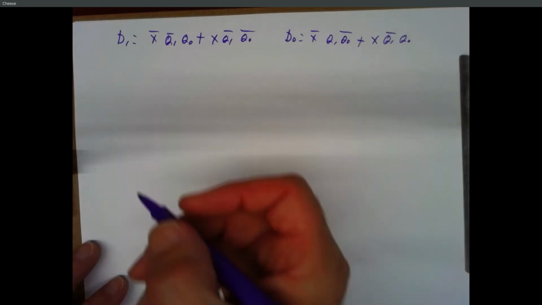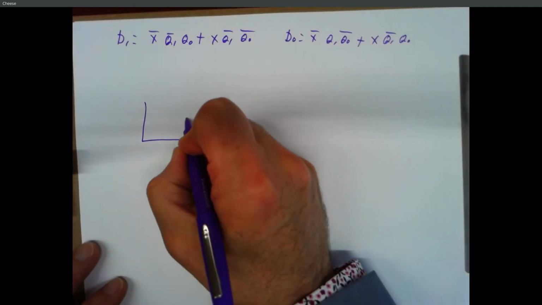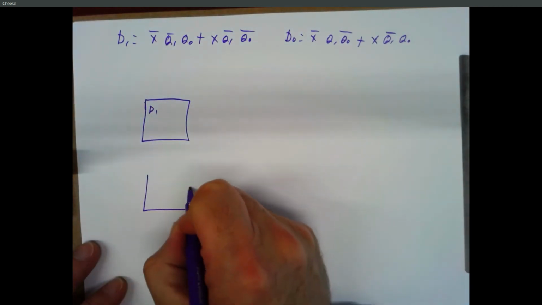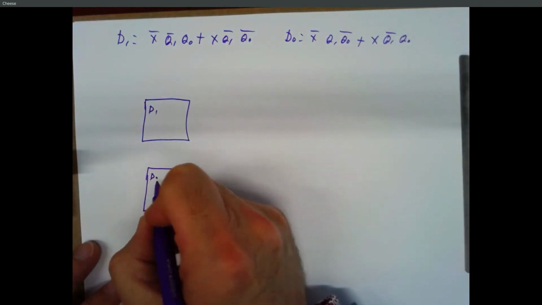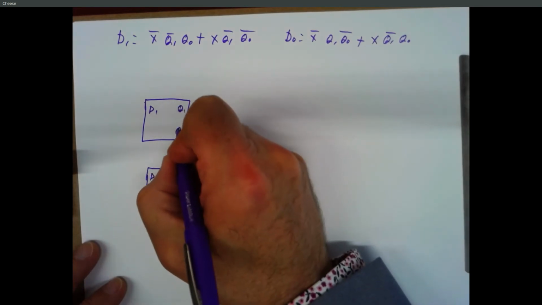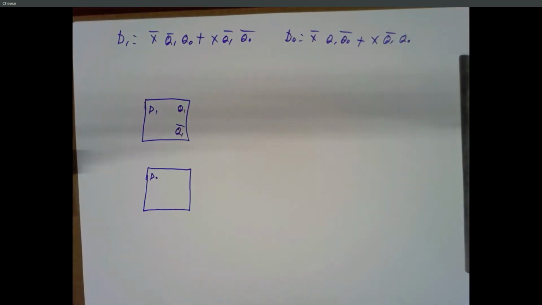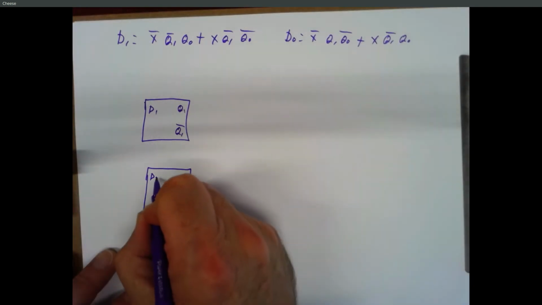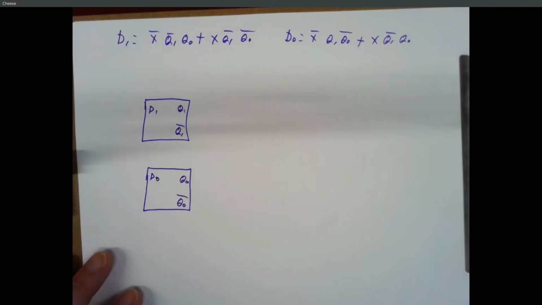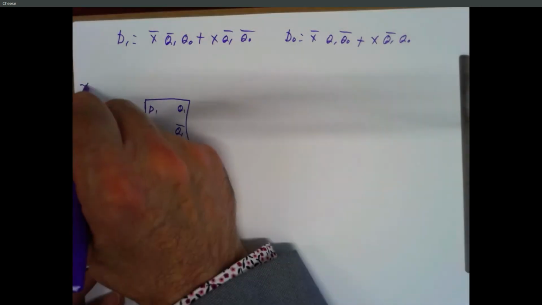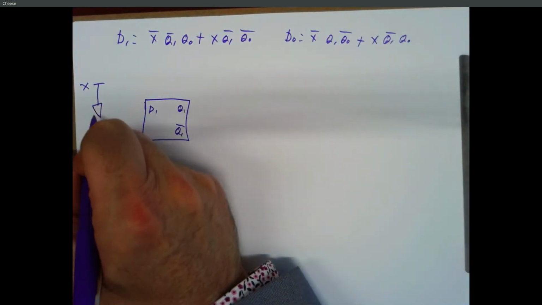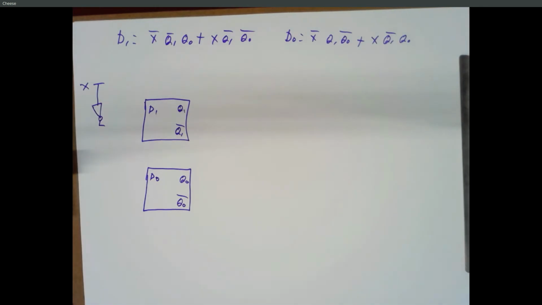So now we can draw a circuit. So here's D1, here's D0, here's Q1. Remember, D flip-flops usually have Q and Q bar outputs, so we don't really need to go crazy with inverters because we have Q0 and we have Q0 bar, and we've got some external input X. But let's go ahead and invert it also. So there's an X bar.